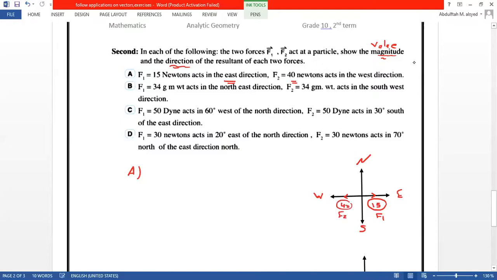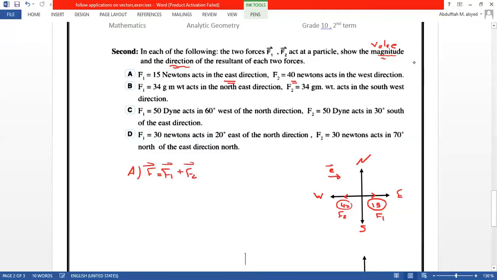So this is F2. Now we will subtract, as you see, in opposite directions: this 40 and this 15. Suppose that the motion is towards east, this is the direction of motion. So the resultant F equals F1 plus F2.